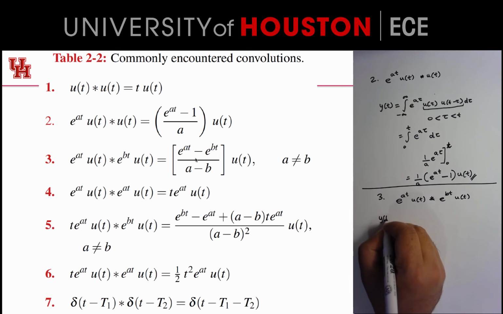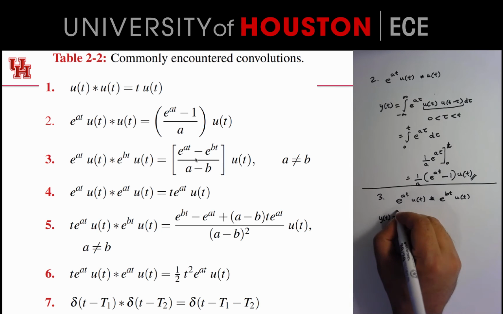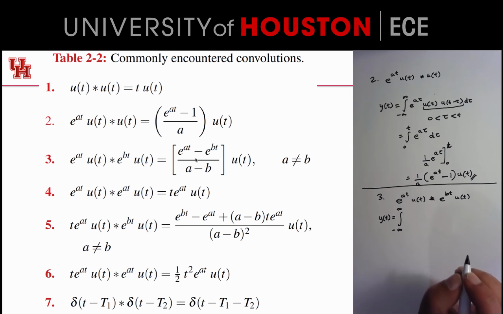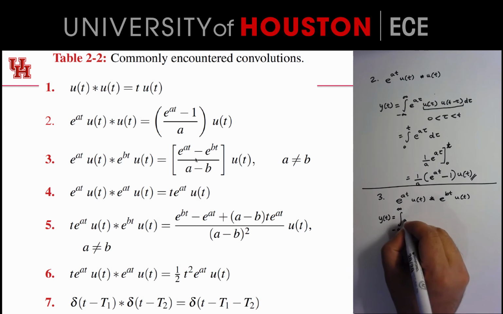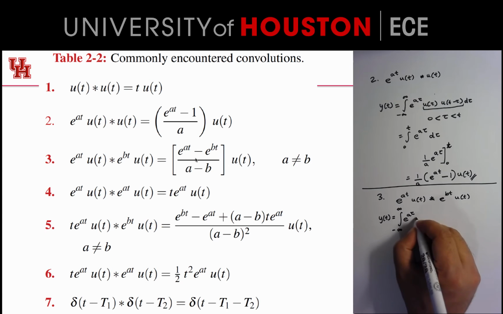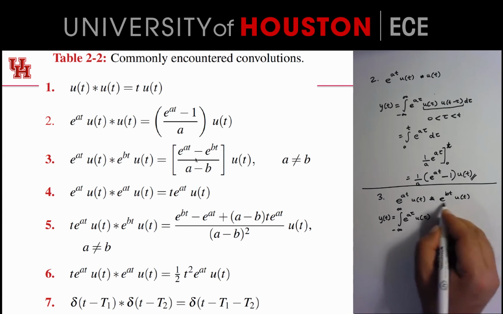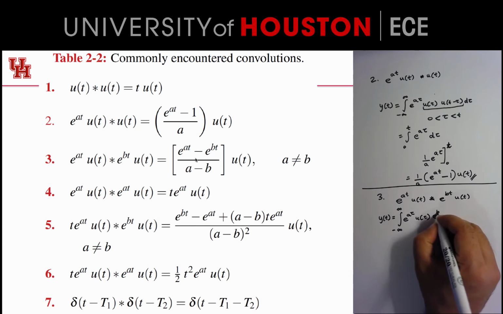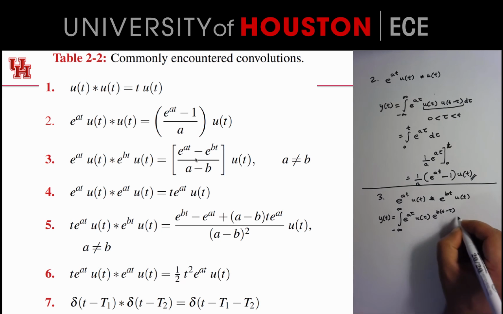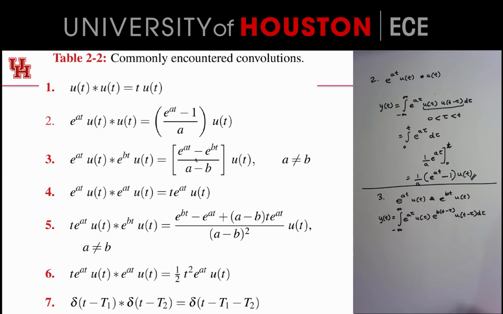We write down a convolution integral from minus infinity to infinity. This is kind of like our x, so we write x of tau, so e to the a tau u of tau, and times, this is our h of t, so we need to write h of t minus tau, which is e to the b times t minus tau, u of t minus tau, d tau.